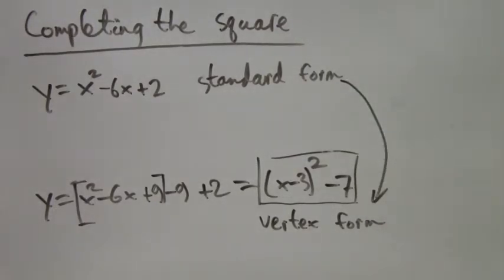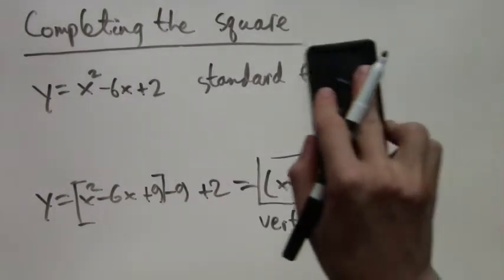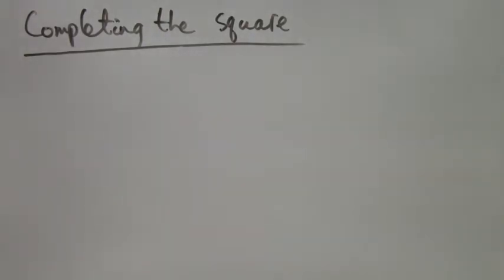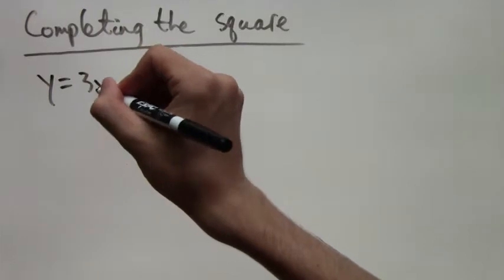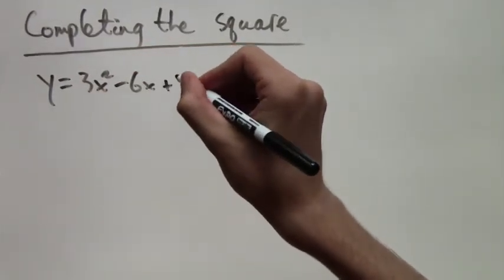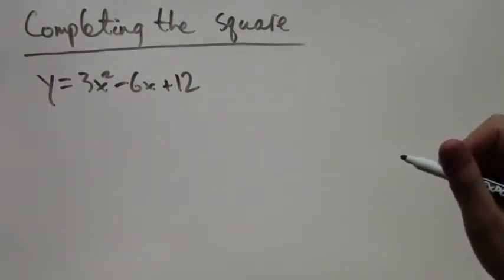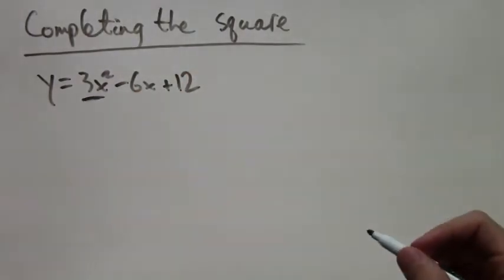And let me show you another example to make sure that you can do this on your own. Now this example will be a little bit more complicated. There will be one extra step, but it shouldn't be too hard. Let's take y equals 3x squared minus 6x plus 12. So this time notice, instead of just x squared, we have 3x squared.